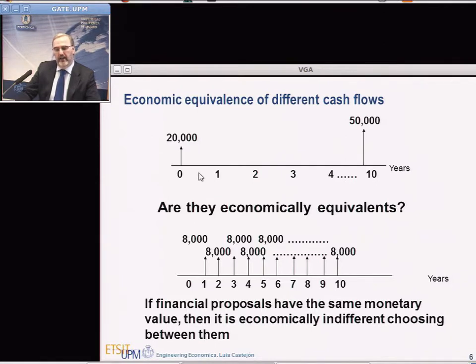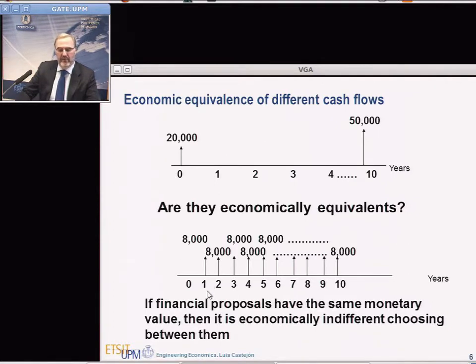So for example, we have two different options, two different investments. One is having 20,000 euros today, and in 10 years receiving another 50,000 euros. And the other option is receiving every year, for 10 years from now, an amount of 8,000.